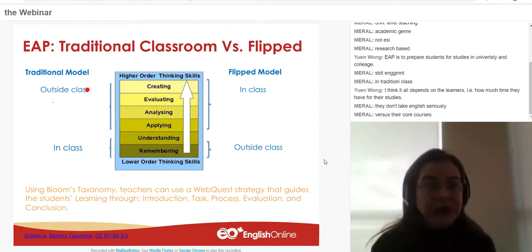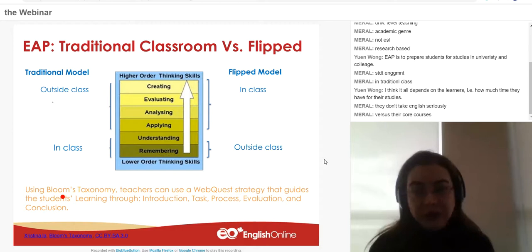So as you can see here, on the left-hand side, there's the traditional model. And again, this could be applied in different contexts, not necessarily EAP, but my focus here is on EAP. I'm sure all of you or most of you are familiar with Bloom's taxonomy.